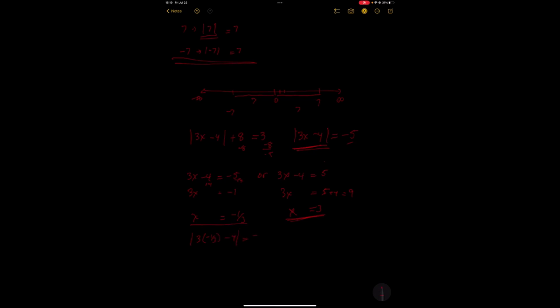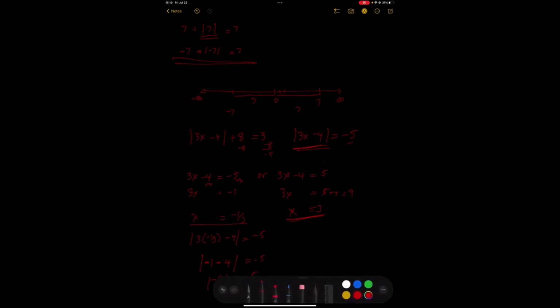Would that equal negative 5? So 3 times negative 1/3 is negative 1. Negative 1 minus 4 is negative 5. Is that equal to negative 5? Well, guess what? 5 does not equal negative 5. So this one is no solution.